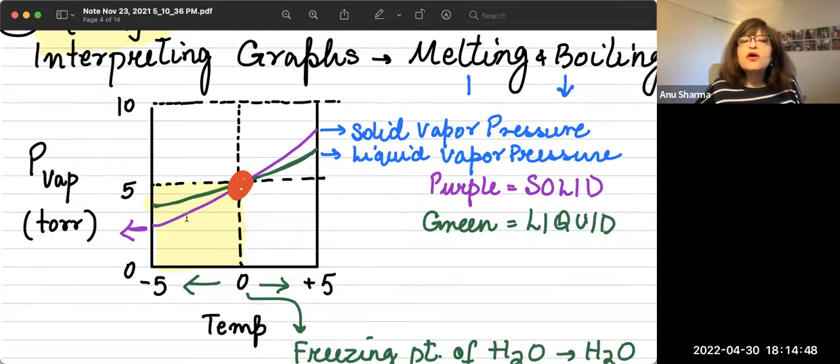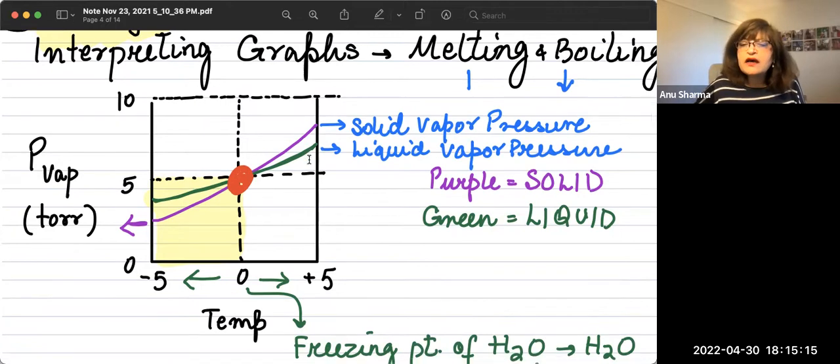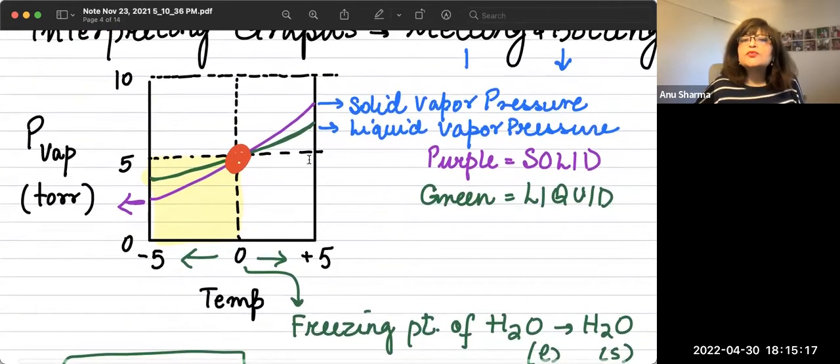That is why water exists more as a solid below 0 degrees Celsius. But once the temperature increases from 0 to even +5, which is still a low temperature, the liquid now has a lower vapor pressure, but the solid vapor pressure is high. So the solid, in other words, is going to convert into liquid.